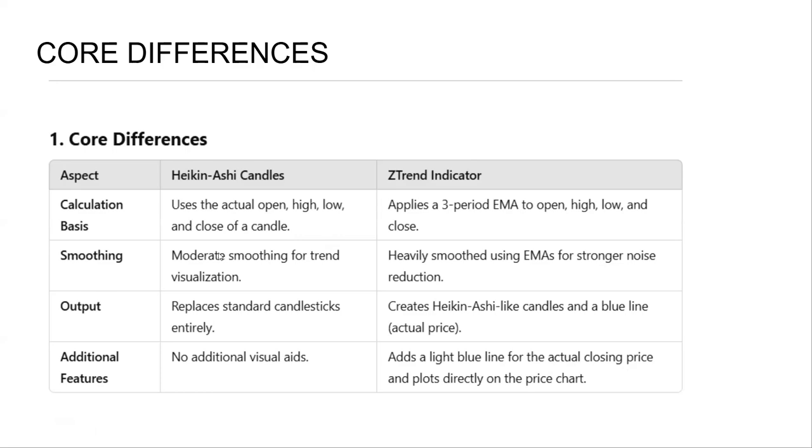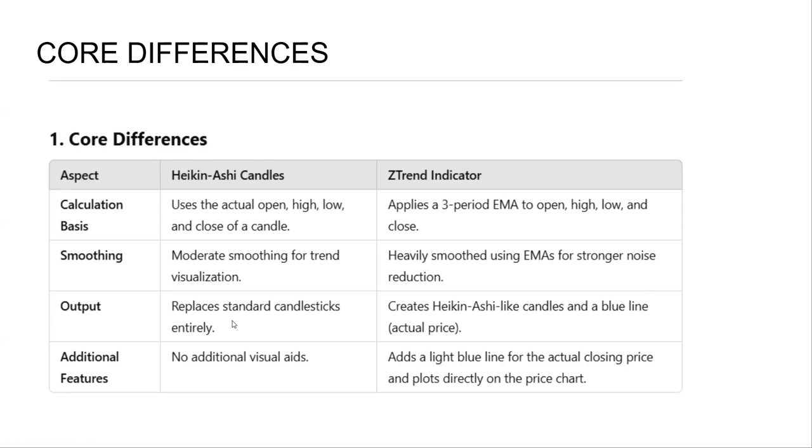When you are using Heikin-Ashi candle, the smoothing will be very moderate. It is heavily smooth if you are using Z trend indicator because of its calculation, using a 3-period EMA, heavily smoothed using EMAs for stronger noise reduction.